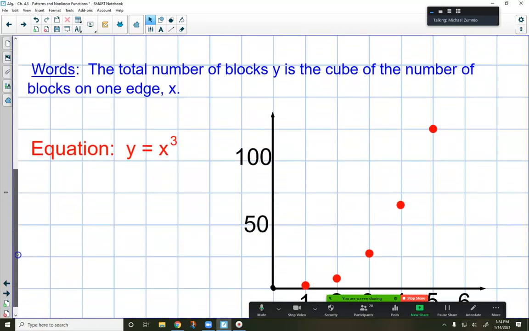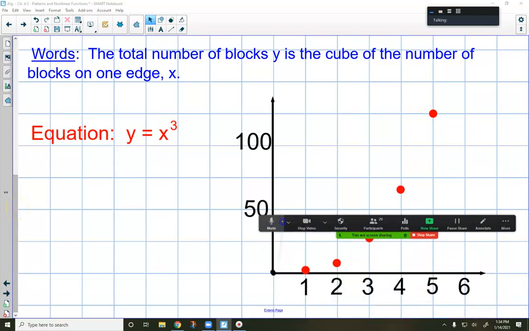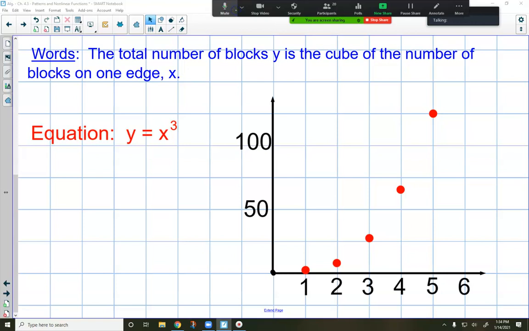The total number of blocks is the cube of the number of blocks on one edge, x. Your equation is y equals x to the 3rd power. We start to plot our points, okay, and see what this graph would look like. On the x-axis, you're talking about the number of blocks on edge.